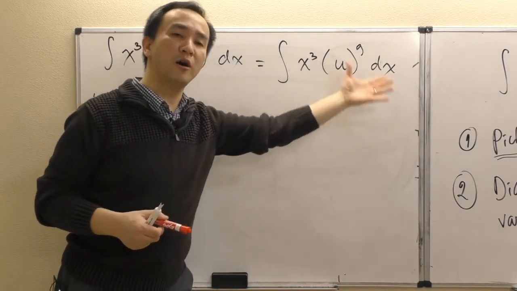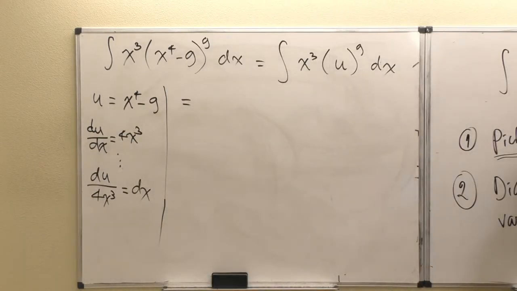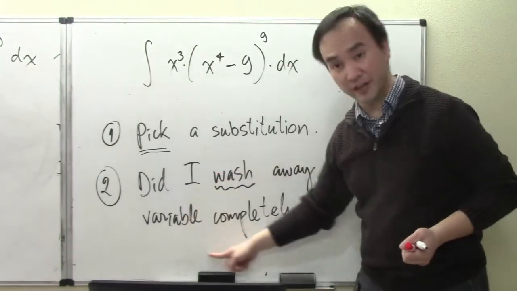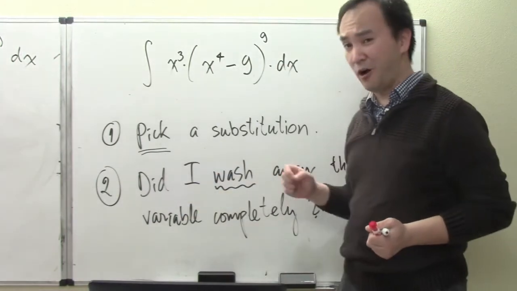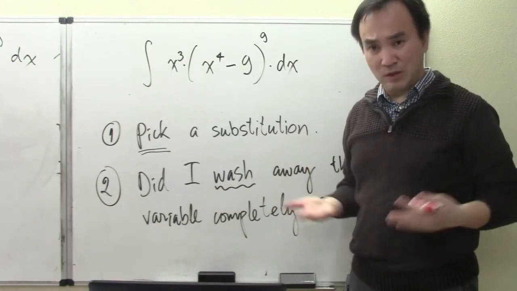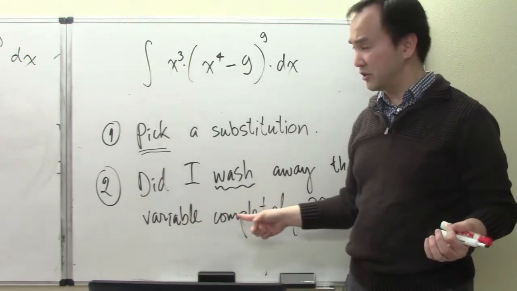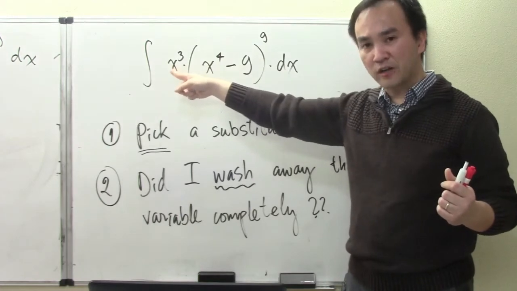It was all for the purpose of achieving what I was checking to myself, whether I have completely washed away the old variable. Okay, so it's a good checking point right there, so that you constantly remind yourself the substitution you made can be whatever, but you have to ensure that once you've made that substitution, you also change the dx and find a way to change all of the other variables.